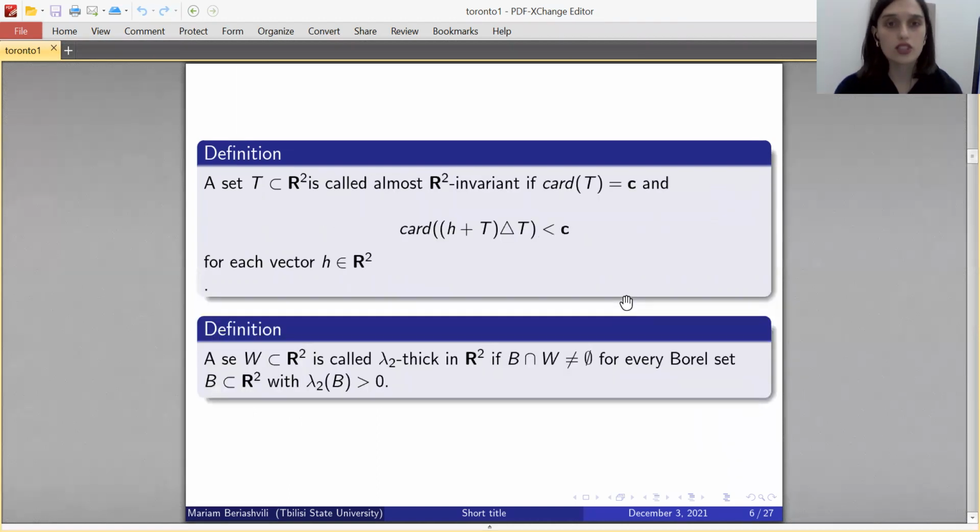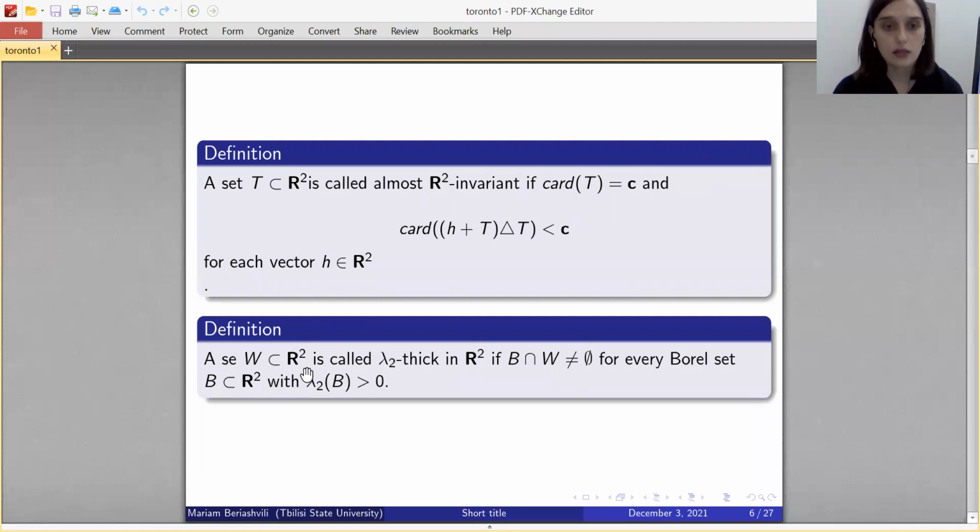The next definition: a set T is called almost invariant if the cardinality of T is equal to continuum and the cardinality of (h plus T) symmetric difference T is less than continuum. Here h is any vector in the plane.